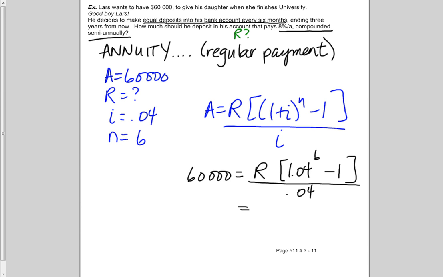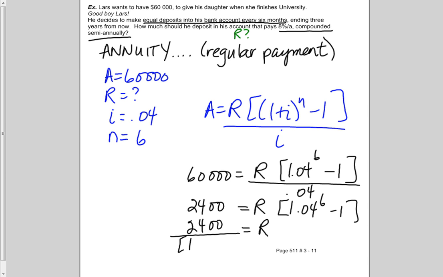So 2,400 to get R by itself, I'm going to divide both sides by nasty square bracket. I have a regular deposit of $9,045 and 71 cents.